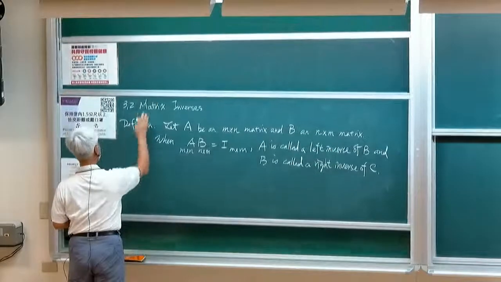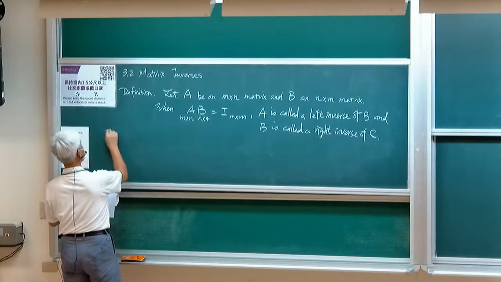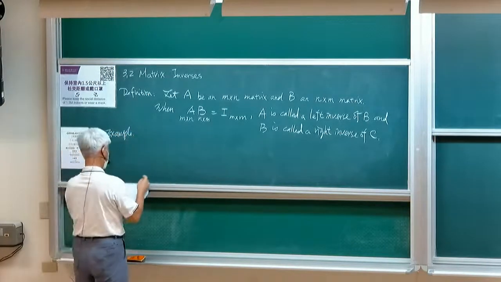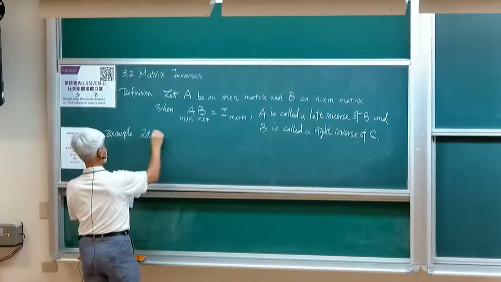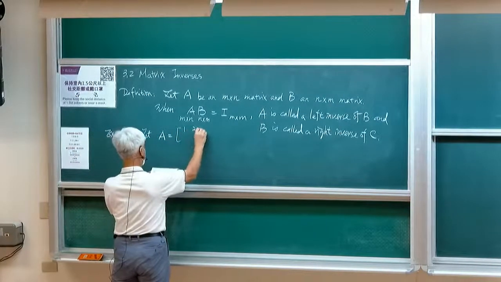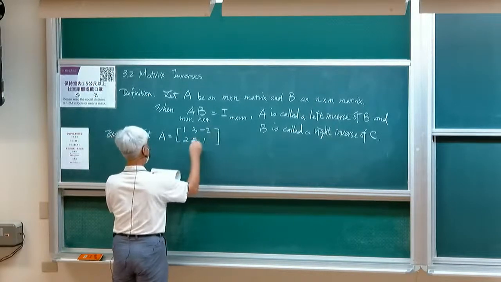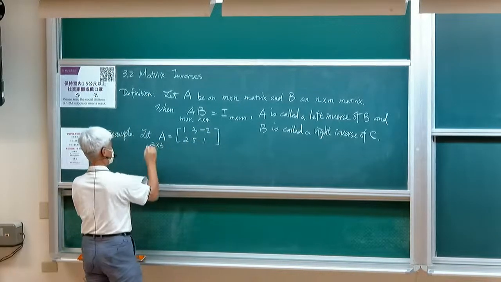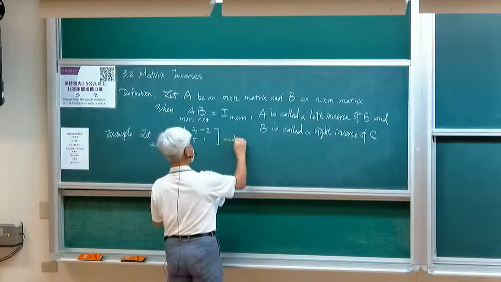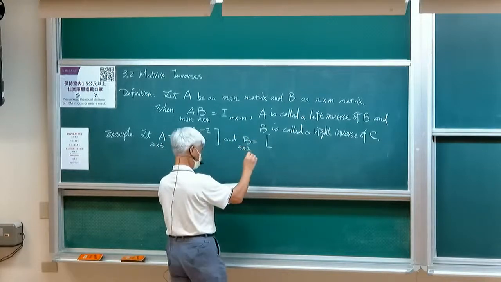Right, let's take an example. We let A be a 2 times 3 matrix, and B is a 3 times 2 matrix.